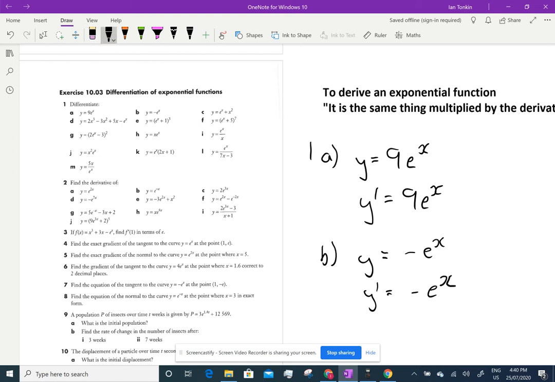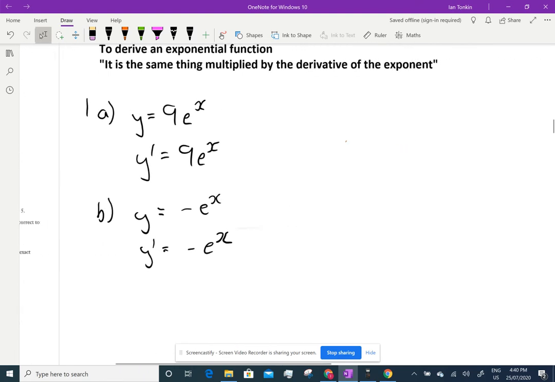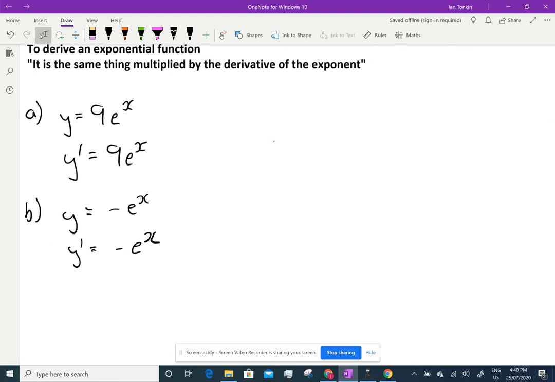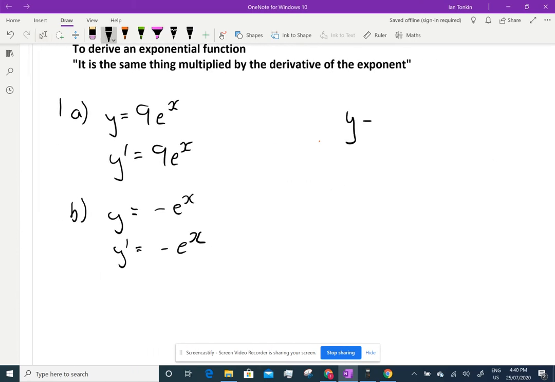But what about when I get something in there? So for example, and I'm going to make one up, what happens if I get y equals e to the x squared?